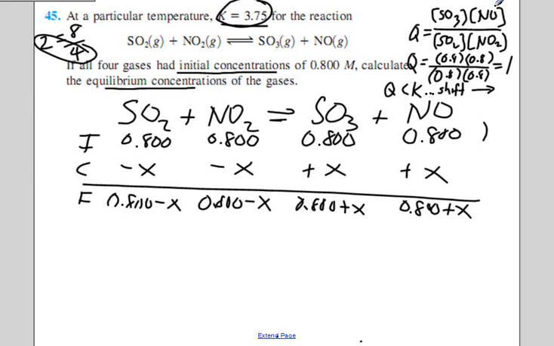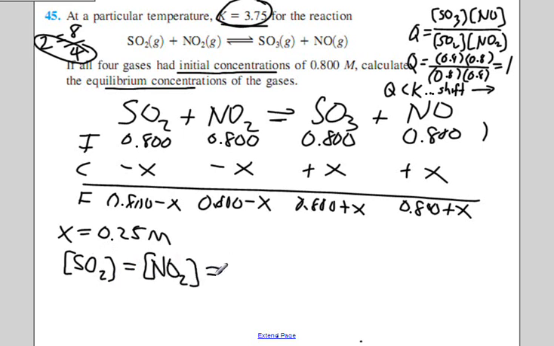So since x was 0.25 molarity, we can say the concentration of the SO2 is equal to the concentration of the NO2, and they're both equal to 0.8 minus x, aren't they? 0.8 minus 0.25, 0.55 molarity.